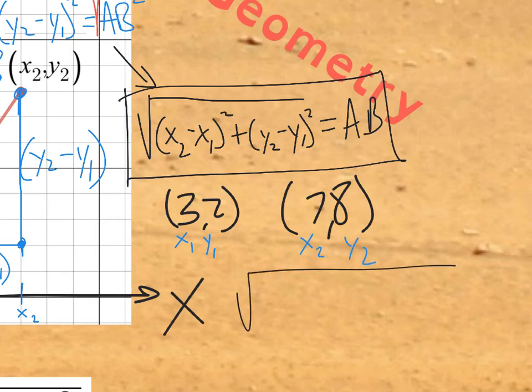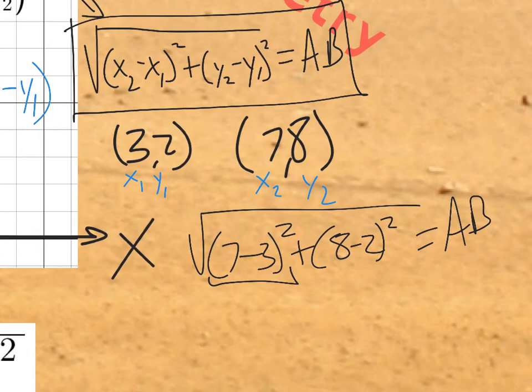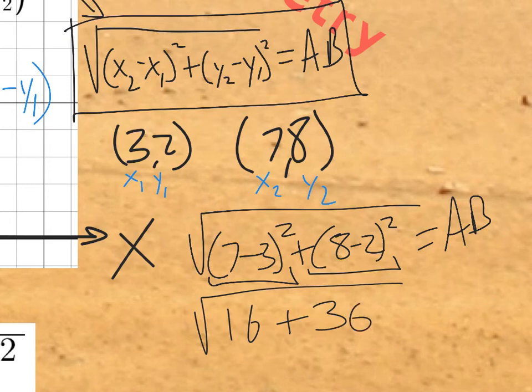Let's plug that in and see what we got. So the square root of, let's subtract the x's, 7 minus 3 squared. Subtract the y's. Put the y's in there. And so we've got 8 minus 2. And that's going to give us our length. So let's do some math. This is 4 squared, which is 16. So we've got the square root of 16 plus this guy gives us 6 squared, which is 36.